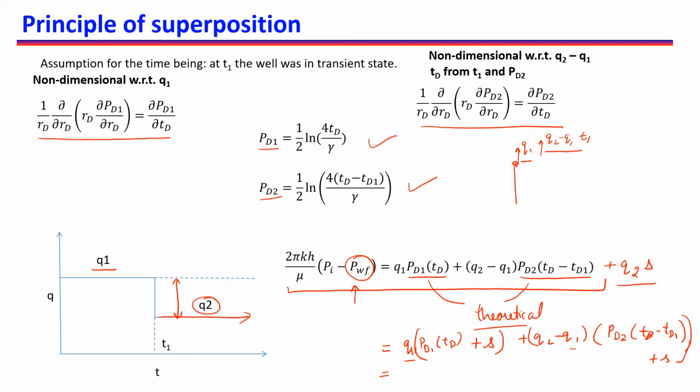Inside the reservoir, skin did not do any change. Skin did not affect any pressure. So inside the reservoir, pressure was due to this theoretical pressure drop. And finally, when we are measuring at flow rate Q2, we will experience a little more pressure drop or a little less pressure drop because of skin and flow rate Q2.